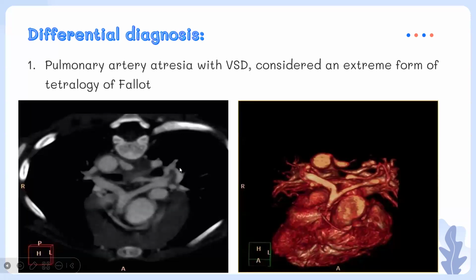The differential diagnosis: first, pulmonary artery atresia with VSD, which is considered an extreme form of tetralogy of Fallot. Well, this is a case showing pulmonary artery atresia.